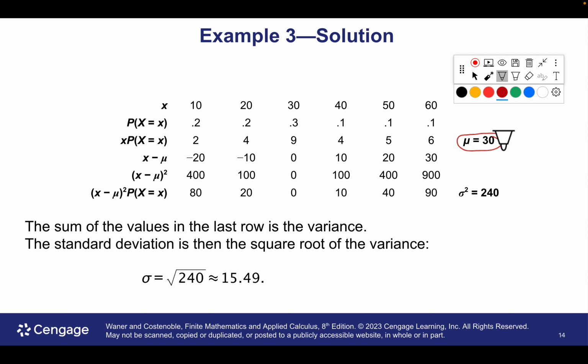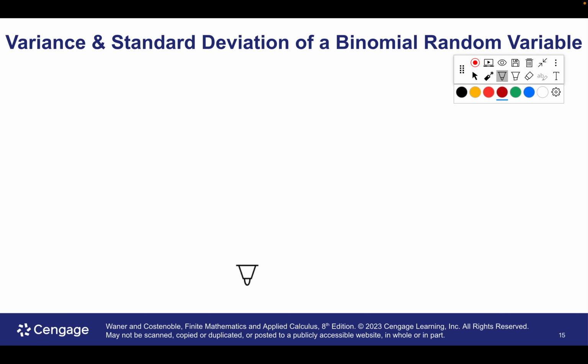For this particular one, we can say the average is about 30. We would expect that to happen. But 68% of the time, we would expect our number to be 15 above or 15 below. And 30 above to 30 below, so between 0 and 60, we would expect to see about 95% of our data. Okay, so it's all there.